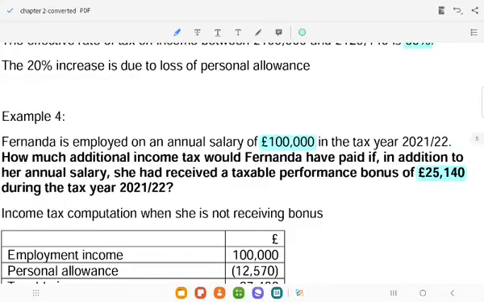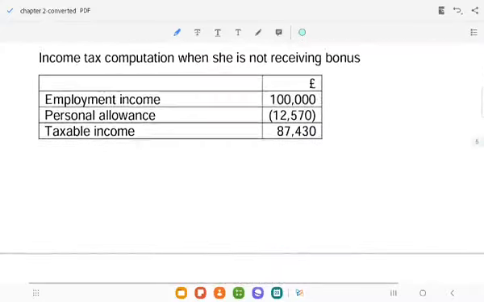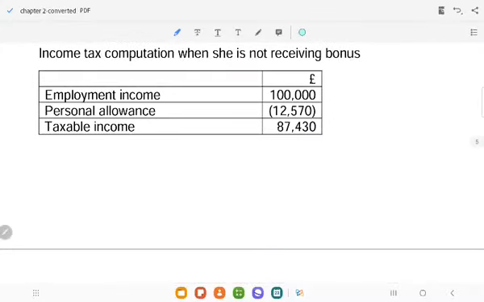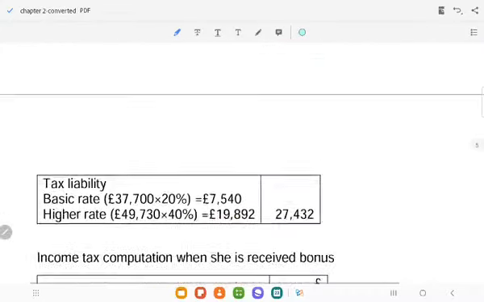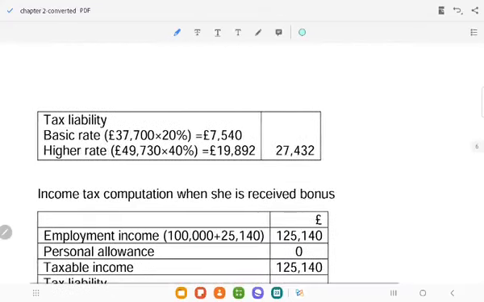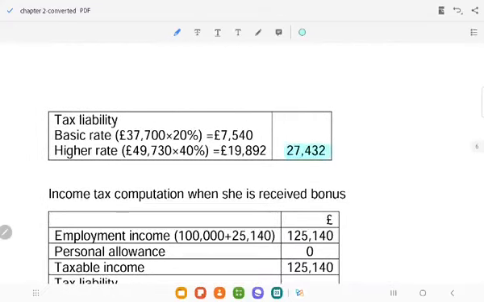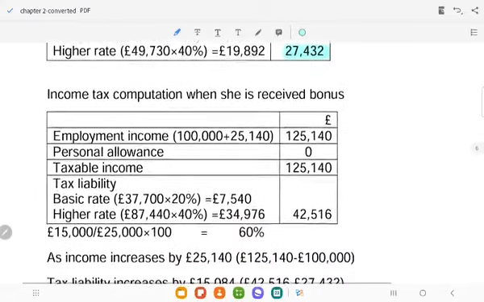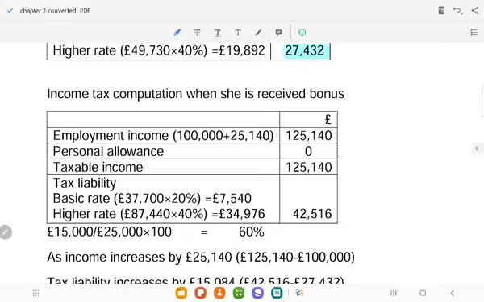What will be the tax liability of that person? In the first case, his taxable income is 87,430, on which tax is calculated as 27,432. And when his total income is 1,25,140, there is no personal allowance.